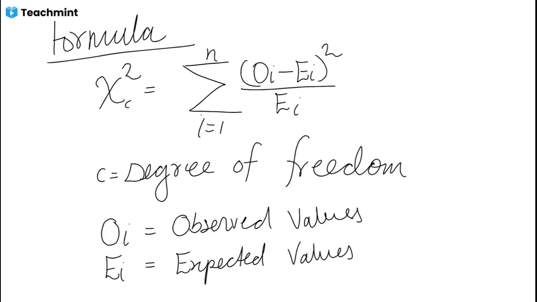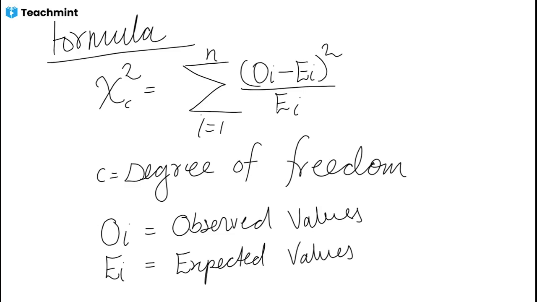So in the chi-square test, first of all, we take the null hypothesis for the given condition, and then the alternative hypothesis. See here in this question, we have two values, or we can say n is equal to 2.